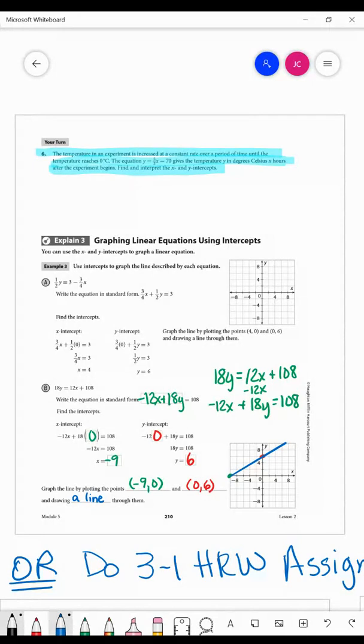The only thing that is special about this is it's asking us to put it in standard form, which just means put it in x plus y equals a number form. All we have to do is move the x around by subtracting 12x, and then we do the same thing. But you actually do not have to do this step to be able to find your y and x-intercepts. This just makes it a little cleaner to look at. That's all that does.